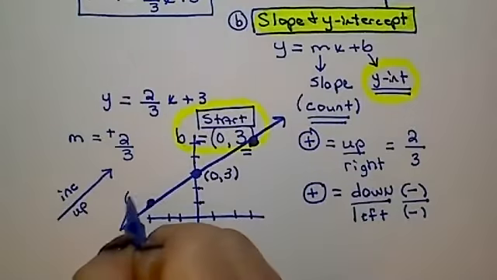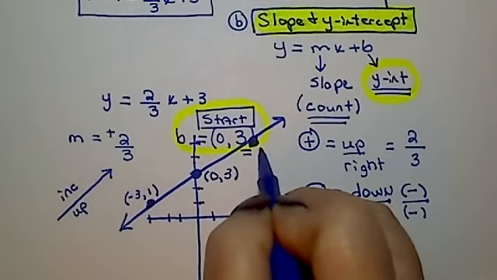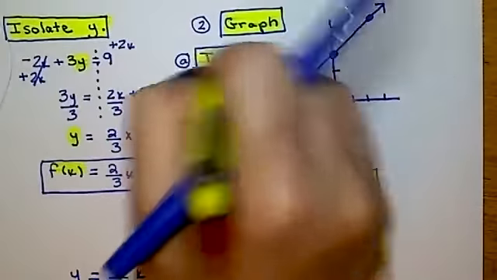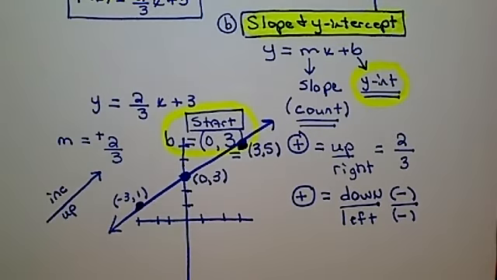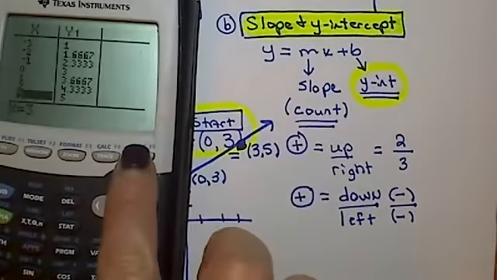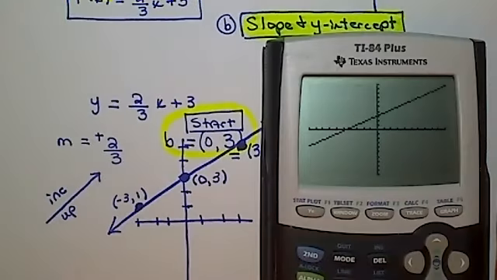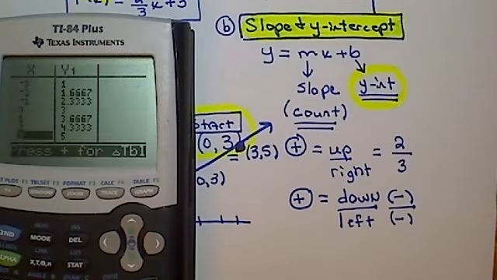This point would be negative 3, 1. And the last point there would be 3, 5. So we get the same line. So you could graph that with a table or slope and y-intercept. When you press graph in your calculator, your line should look similar to the one given. You can always check your points by going to second table if you get confused with counting with your slope.